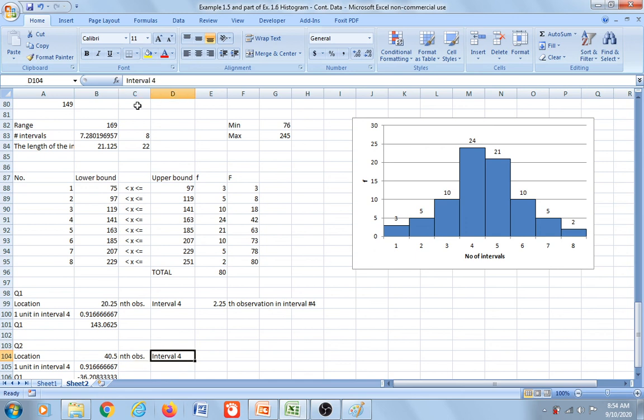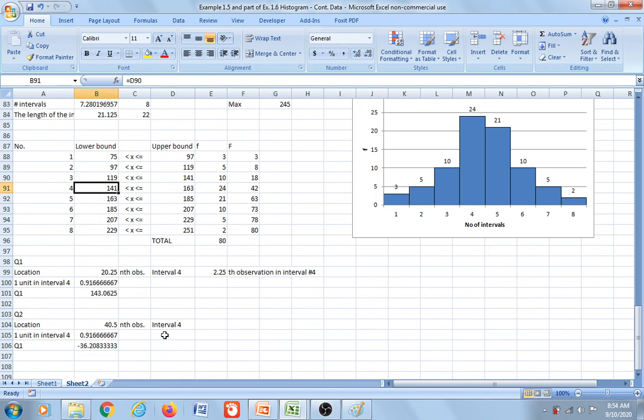Okay, and it is in what interval? See, the cumulative till interval number 3 is 18, but the cumulative frequency until interval number 4 is 42. It is in 40.5. So quartile 2 is also in interval number 4. Okay, so 1 unit in interval number 4 is still the same.